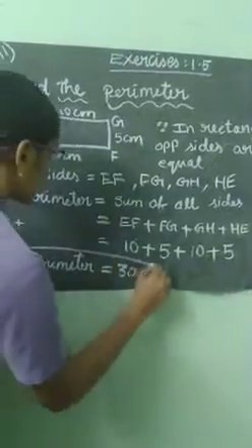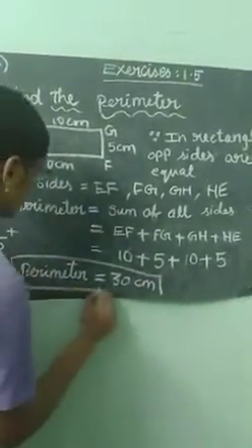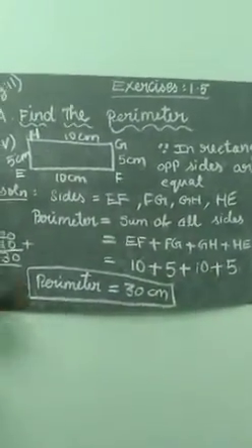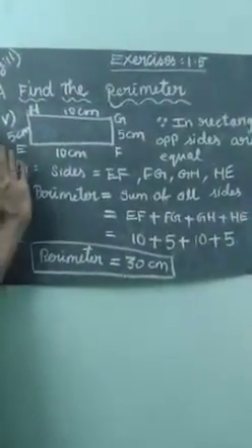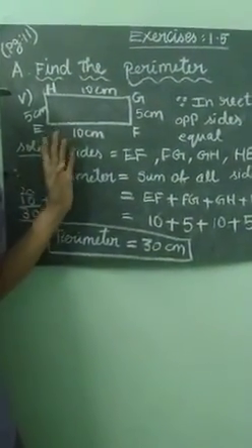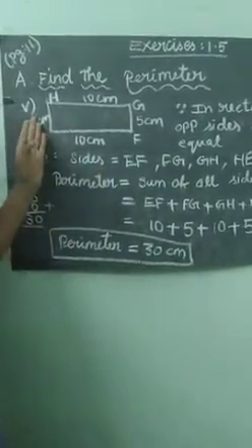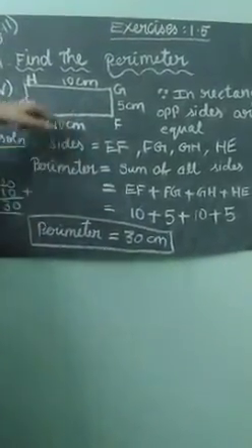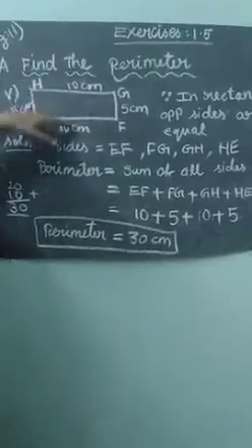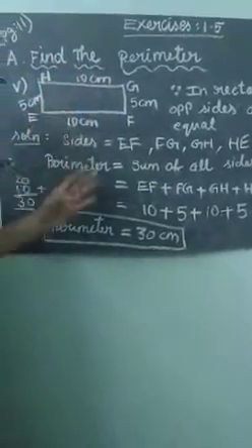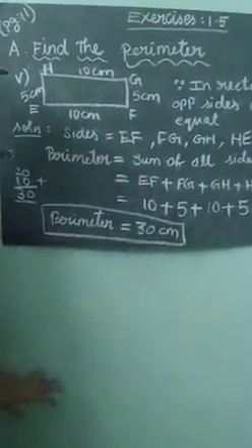Perimeter of this rectangle equal to 30 centimeter. Put the box. Understand? In the previous sum that is a square, so in square all the sides are equal. But in this fifth sum this is a rectangle, so I am writing the same measurement for the opposite sides. Then do the same procedure.